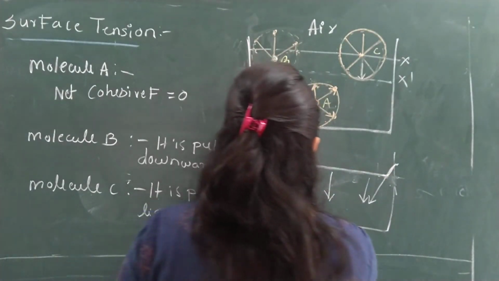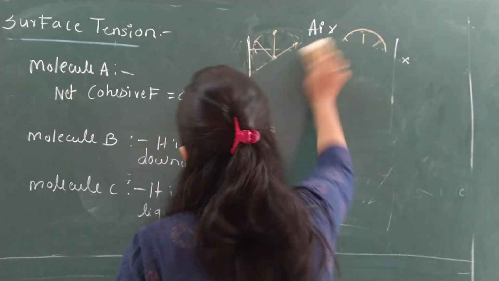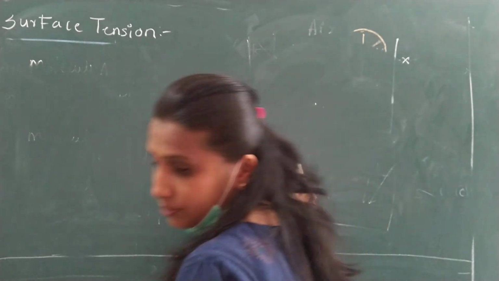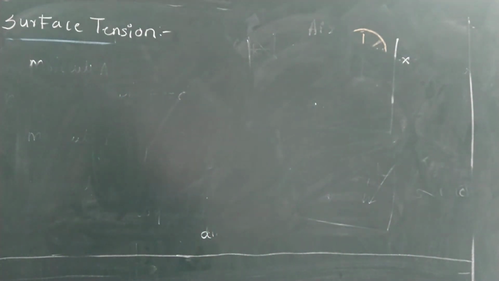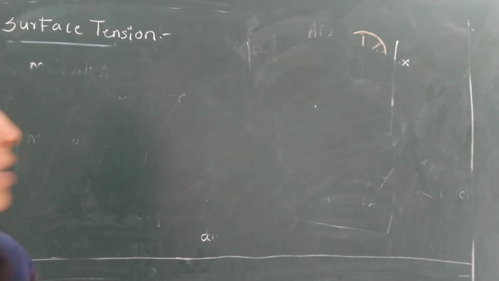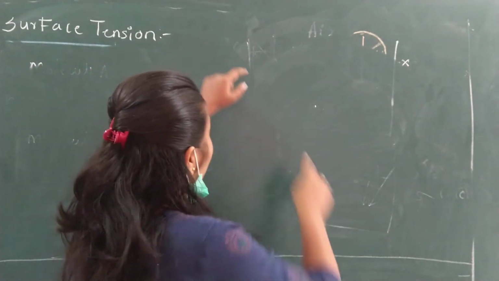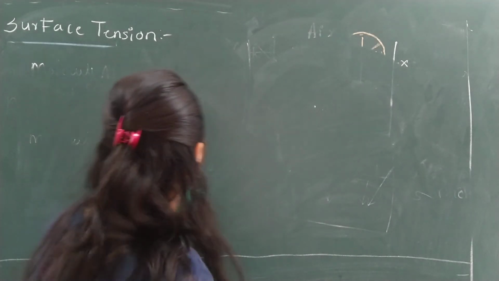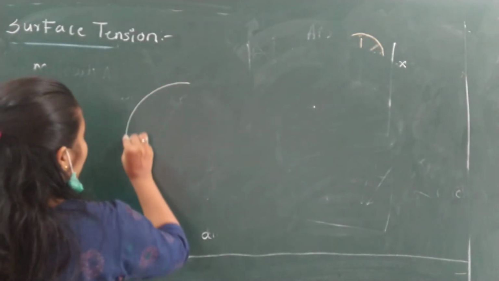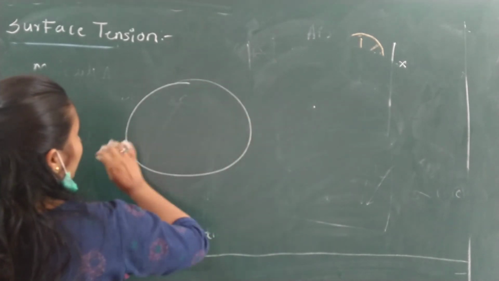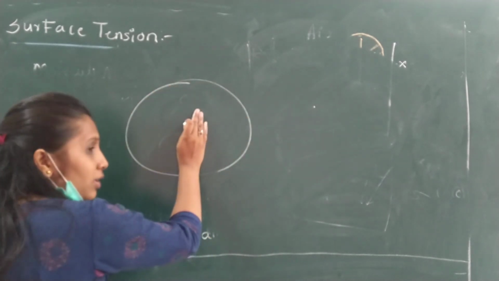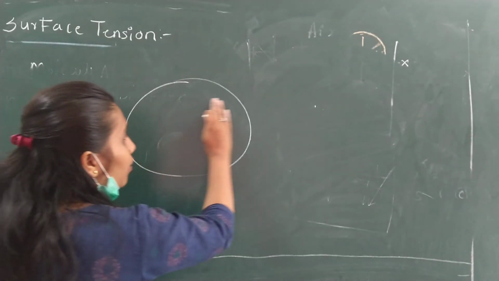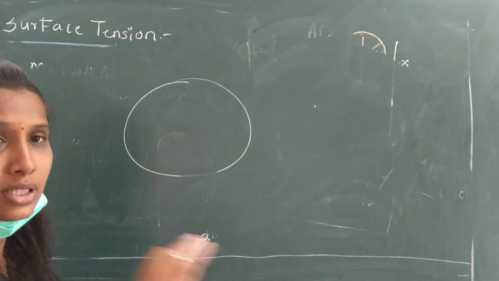Now, if we want to define surface tension, there is a very easy definition. Suppose this was the 2D diagram. If I draw a surface of a liquid, exactly as you can see, suppose this is the front or upper view of your bucket which contains water, and this is the film of your water, the upper surface.